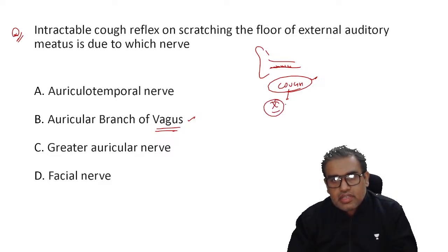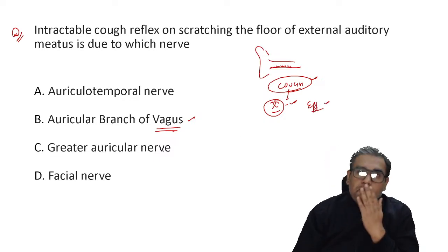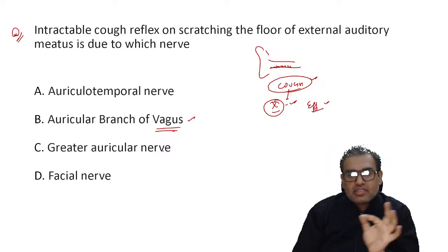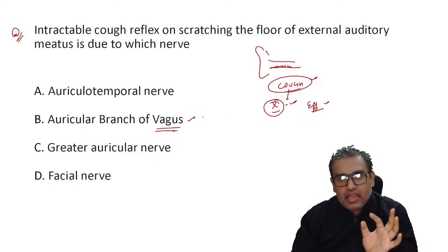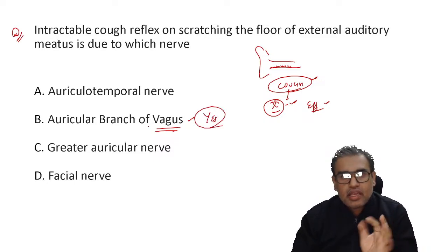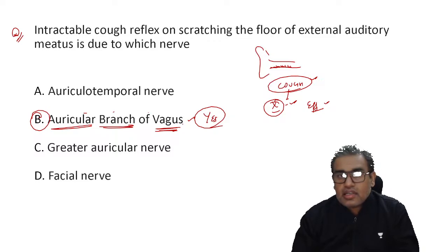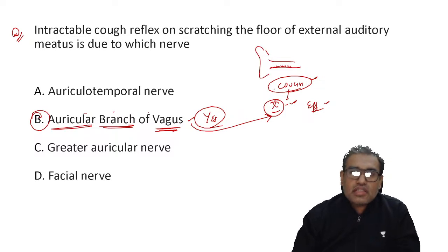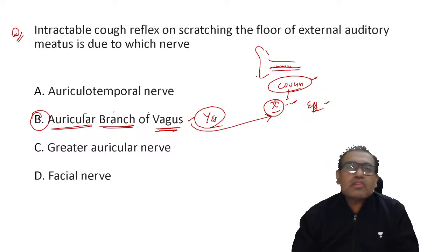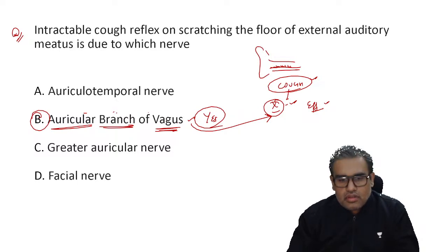So first, the vagus nerve is associated with the efferent part of the cough reflex. Is the vagus supplying the external auditory canal? Answer is yes. The auricular branch, also called Arnold's nerve. Therefore, if the vagus supplies the external auditory canal and it is the efferent component of the cough reflex, it is quite possible that scratching the ear canal can produce a cough reflex. As simple as that. Am I clear?